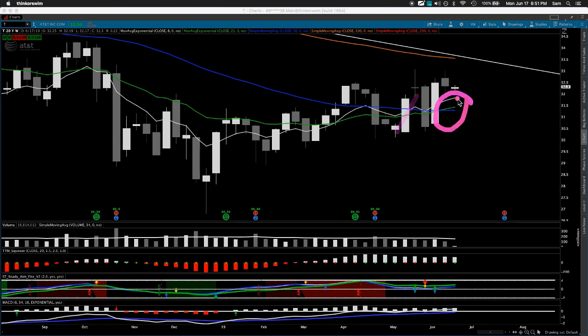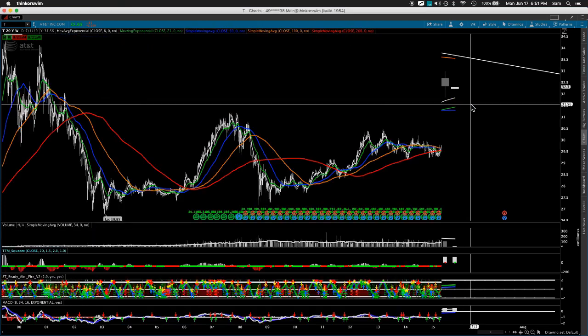And now you have the 8 acting as a little bit of a safety cushion as it guides its way higher, the 21 underneath that, and now the 50, which was a moving wall, is now at the bottom. So this is the seedlings of a trend reversal, right? You can't have a trend reversal without the seed here first, where the moving averages cross positively, the fast over the slow. Not a perfect trend by any means.